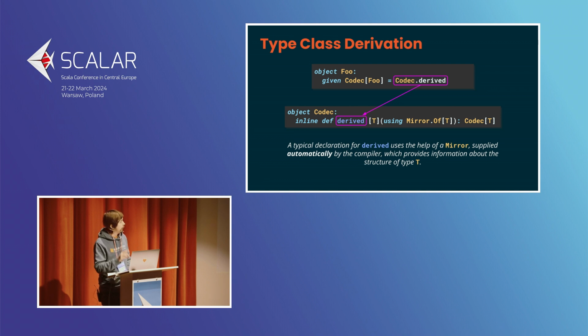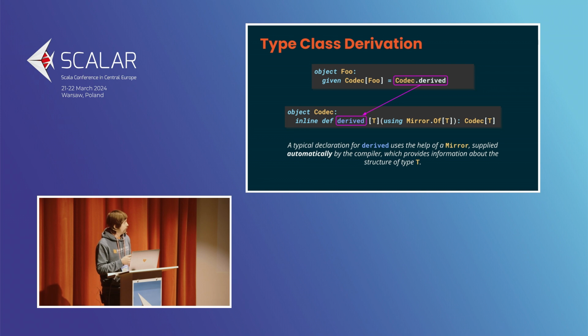So let's have a look at what it might look like. Typically in Scala 3, you declare this method in the companion object of Codec called derived, and you want a type parameter T to signal that it accepts any type at all.